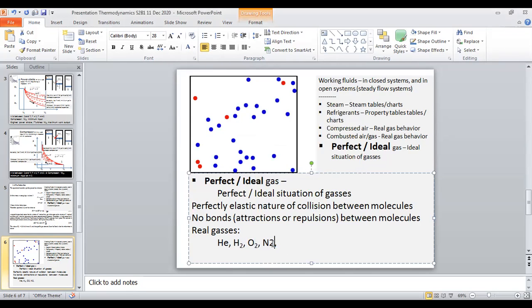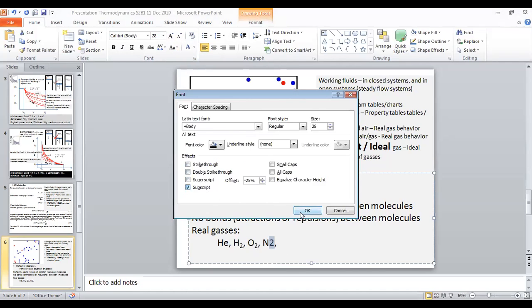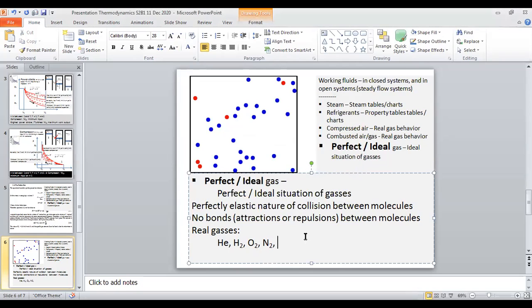Hydrogen, nitrogen also exist in molecular forms, not in atomic forms. The natural states are like this. Only helium can be a single atom alone. Hydrogen, you need two together. Oxygen, two together. Nitrogen, two together.